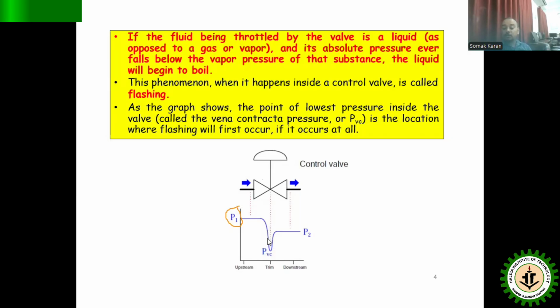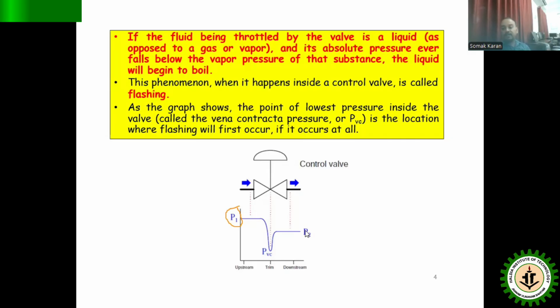The lowest pressure is identified at the vena contracta point. We have an idea about the vena contracta when we discussed flow using the orifice. In this area of the control valve, the pressure at the vena contracta will be low because of the maximum velocity. After that, it is obvious that the pressure will try to recover at the outlet side, or the downstream side, of the control valve.